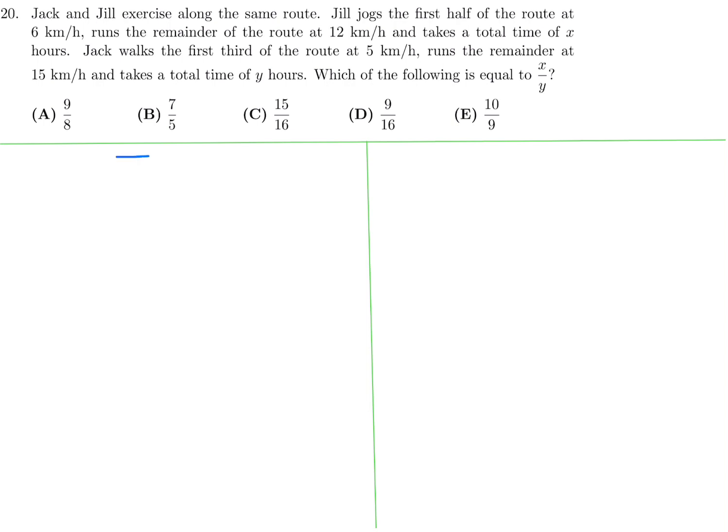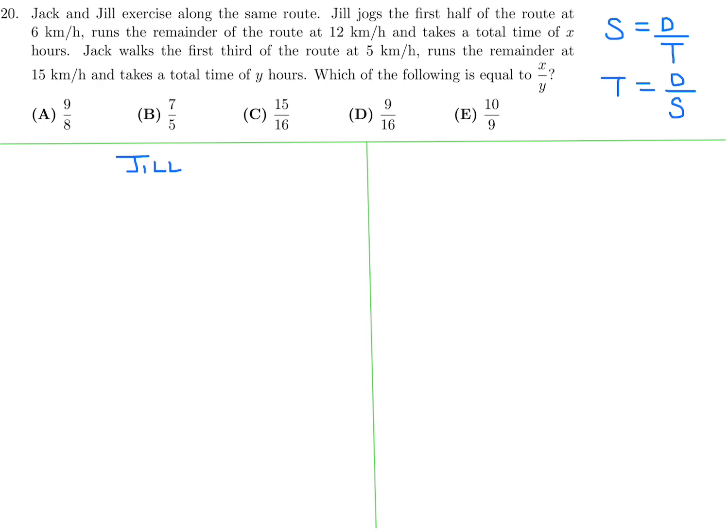So let's do the calculations for Jill. Throughout this question, we're going to use that famous formula, speed is equal to distance over time, or any variation of that formula, like time is equal to distance over speed. Okay, so let me see here. What's the story for Jill? She is initially jogging the first half of her route.